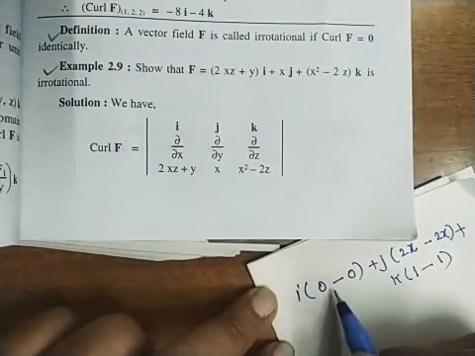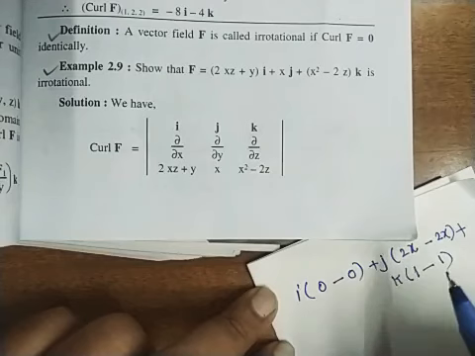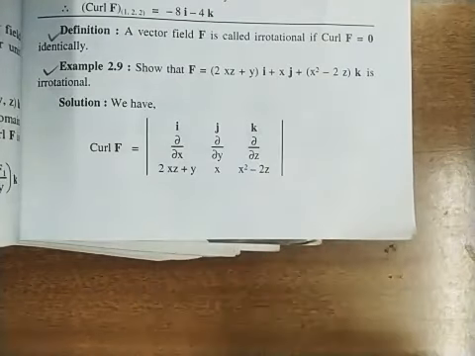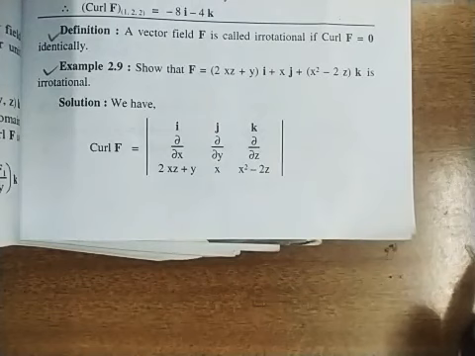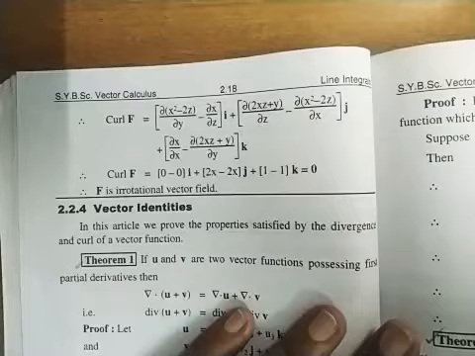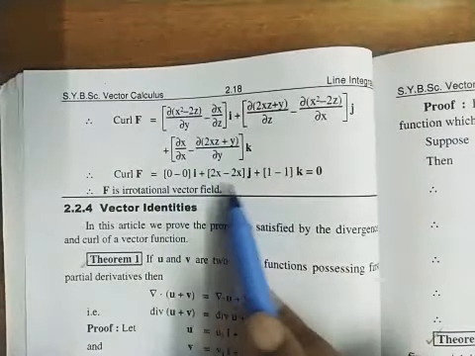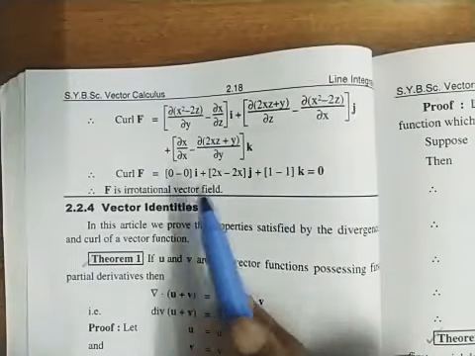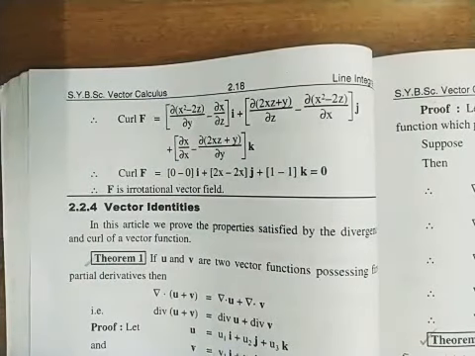Means we get 0, 0, 0. So curl of f is 0, and we can say that f is an irrotational vector field.